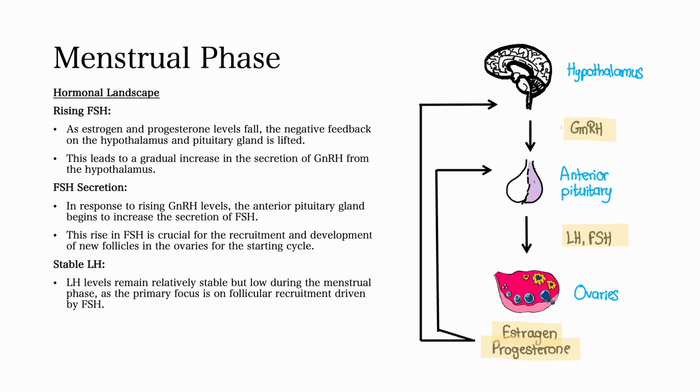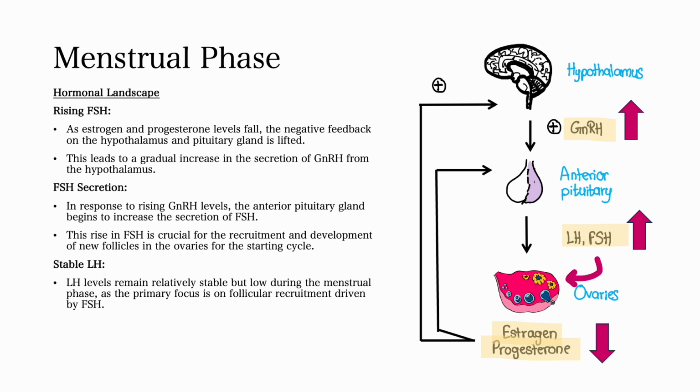As estrogen and progesterone fall, the negative feedback on the hypothalamus and pituitary gland is lifted. This leads to a gradual increase in the secretion of gonadotropin-releasing hormone from the hypothalamus. In response to the rising gonadotropin-releasing hormone levels, the anterior pituitary gland begins to increase the secretion of FSH.